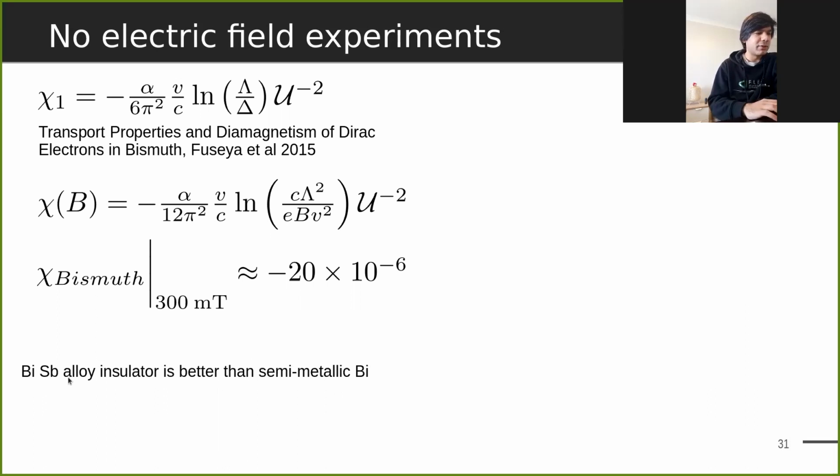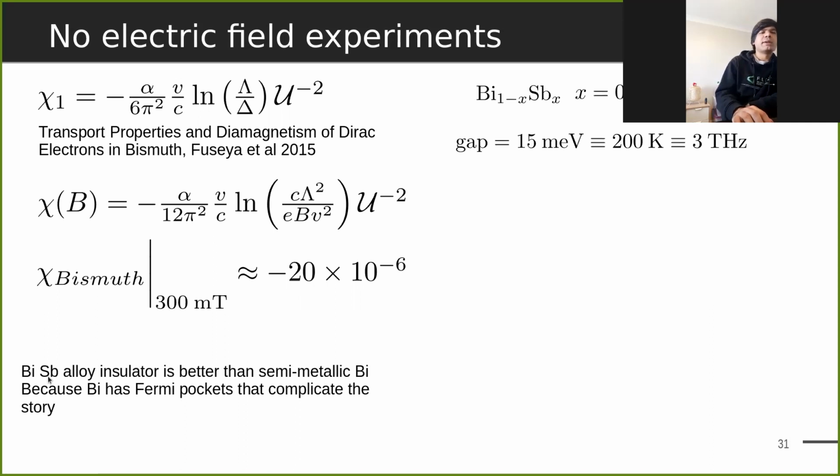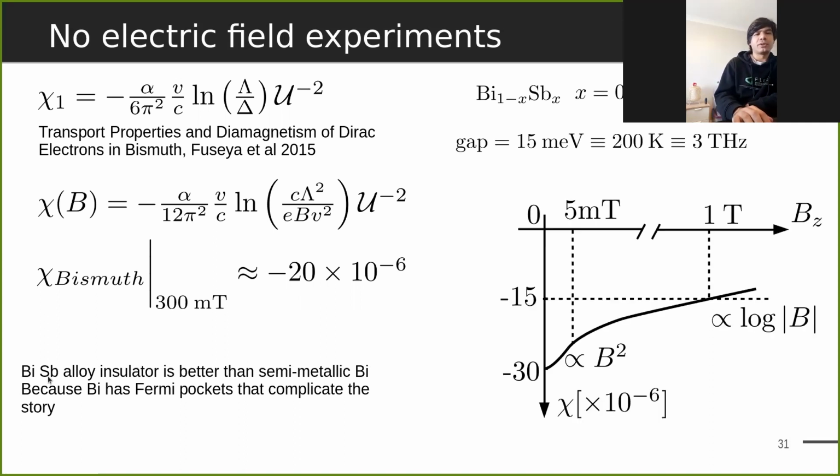It's better to avoid them and use this insulator, bismuth antimony alloy. If you use this instead of bismuth, you should get a very clean diamagnetic susceptibility as a function of applied magnetic field. You can basically halve, as I said, the susceptibility by applying 1 Tesla.